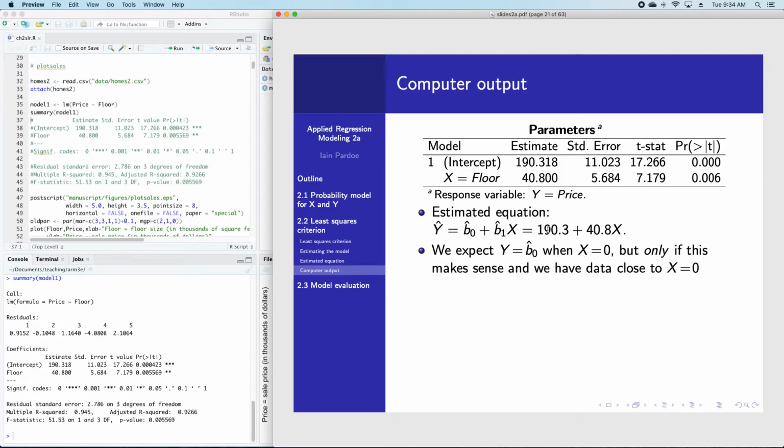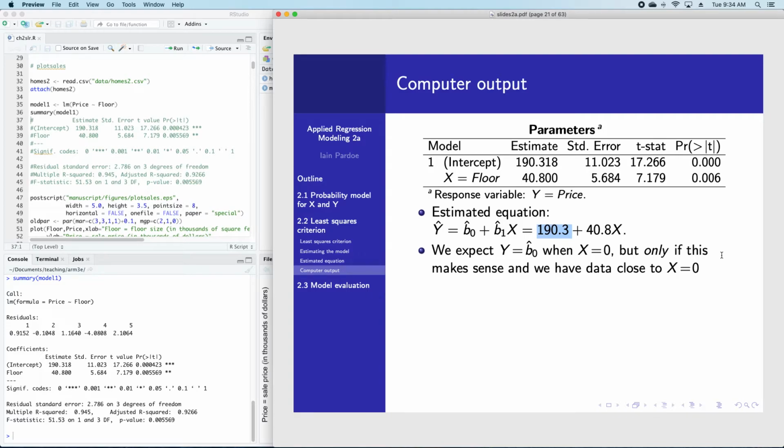And so mathematically, this is a necessary part of the model. It's one of the defining numbers in the model that defines the equation and defines where on the graph the line is. But practically speaking, in this particular context, it doesn't have any practical meaning. So that will often be the case. The y-intercept will often not have any practical meaning, but it is absolutely necessary for the model to work.